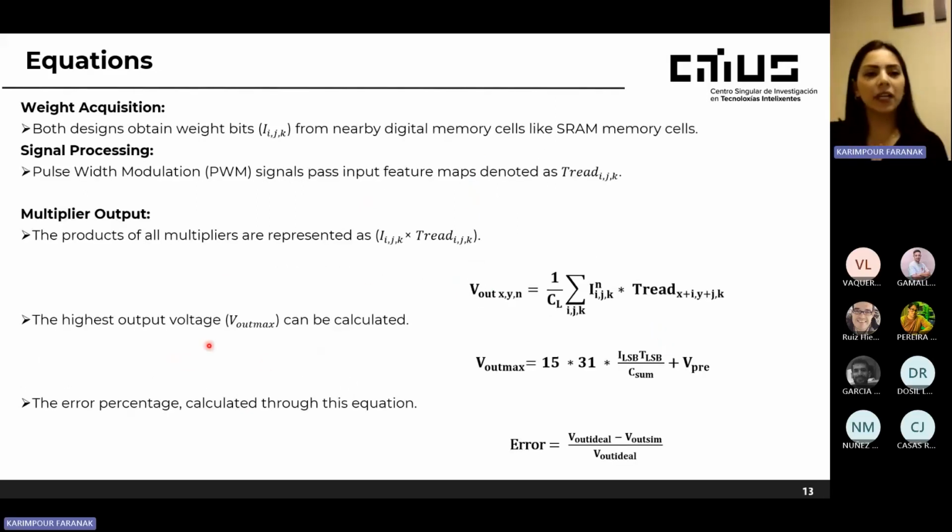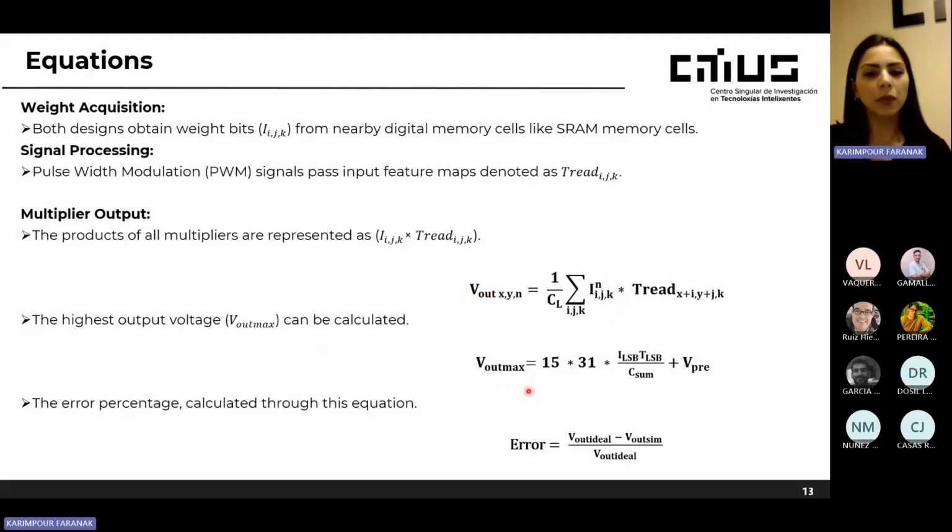The designs are configured with weight bits I with indices ijk from the nearby digital memory cell, and the mathematical representation involves pulse width modulation denoted as T-read with indices ijk, and the products of all these multipliers are computed as I times T-read. The voltage at the load capacitor over time is expressed in this equation, which reflects the increase or decrease of the voltage based on the current.